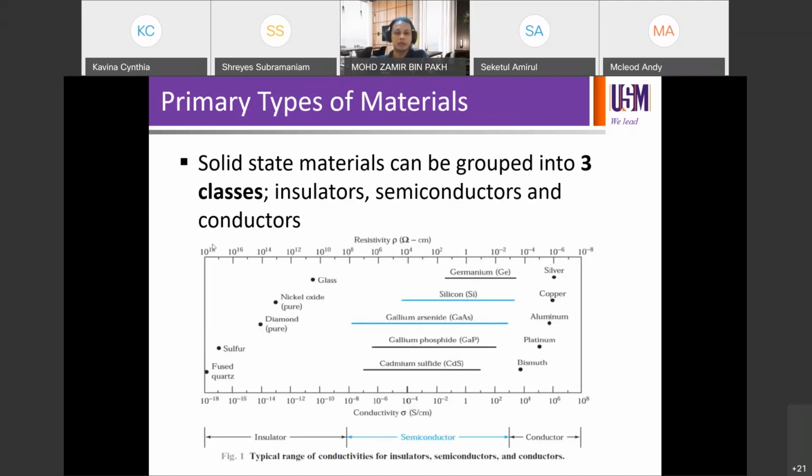So you can see on the top part of the x-axis is the resistivity of the materials, and on the bottom part of the x-axis is the conductivity, which is the reciprocal of resistivity. So resistivity is given by this rho. Okay, you've learned about rho, RL over A and stuff like that. And then if you invert the rho, you will get conductivity. Okay, so you can see a range of conductivities and range of resistivities on the chart.